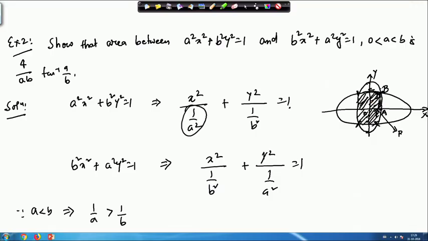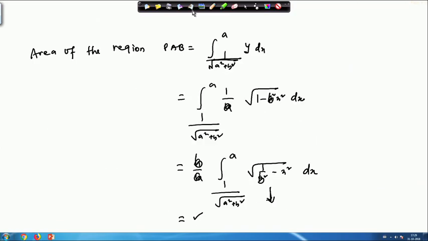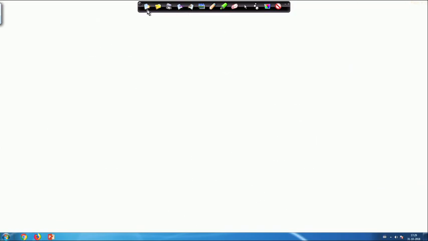Then it will give the area of the whole ellipse of this section, and then we will multiply by 4. When we multiply by 4, that will be the required area of the whole region bounded by the ellipse.